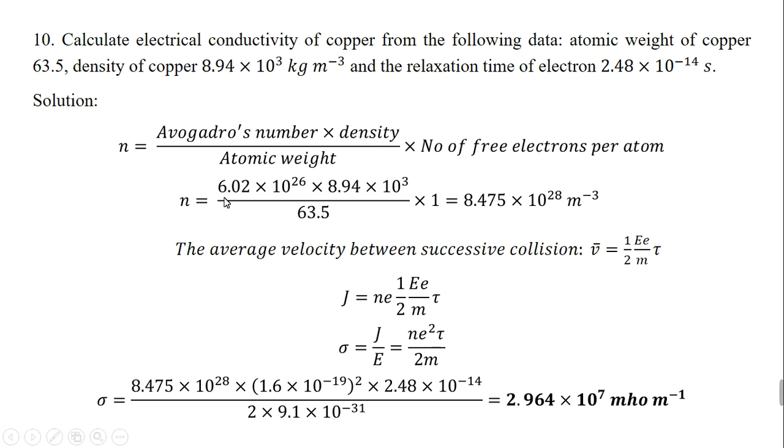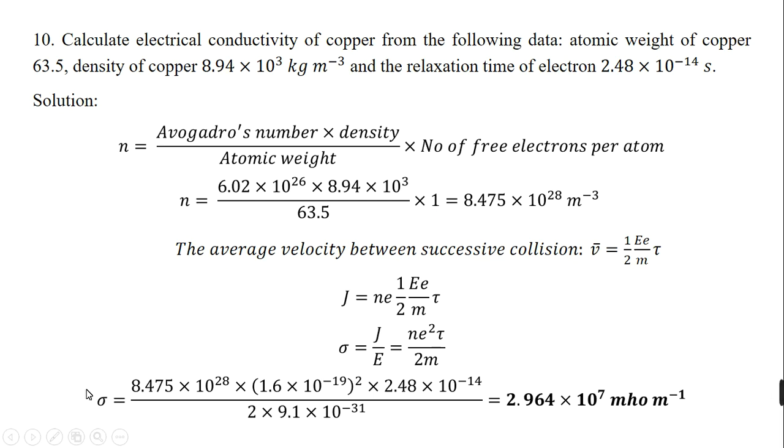Avogadro number is 6.02 into 10 raised to 26. Density is given as 8.94 into 10 raised to 3. Atomic weight is given as 63.5. Number of free electrons is 1. Therefore if you calculate, you will get the N value as this much.